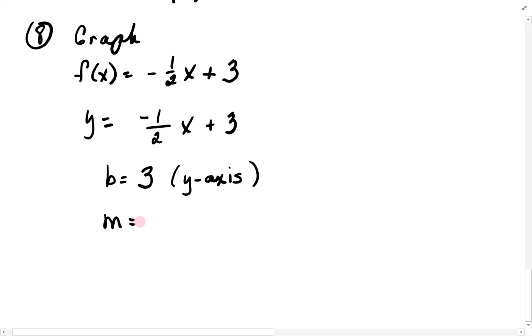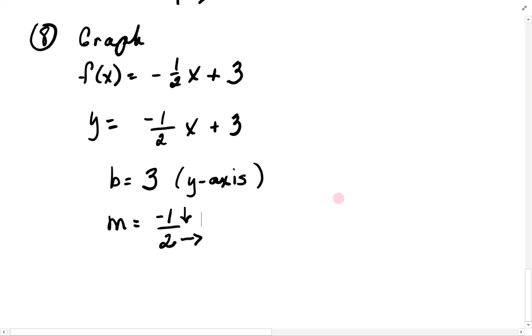The m is negative 1/2. So since I put the negative with the numerator, I'm allowed to say that means down and right. If it's just sitting out in front like it is in the original problem, you have to either put it with the top or put it with the bottom. Don't put it with both, because that would have negative over negative, which would mean positive.